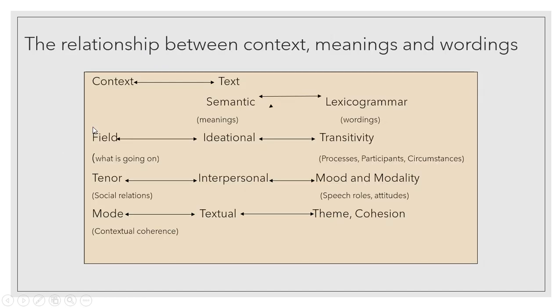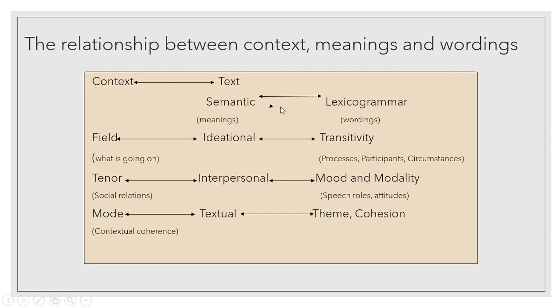Last but not least, I'm going to emphasize the relationship between context, meaning, and wording. So once again, language is used in a certain context, and then you have to realize it in text form, which can be spoken or written. The text usually contains meanings, or semantics, and this is embodied through lexicogrammar, wordings.